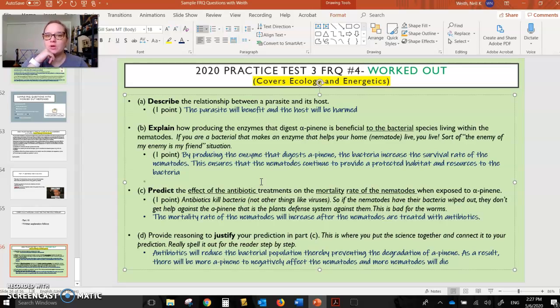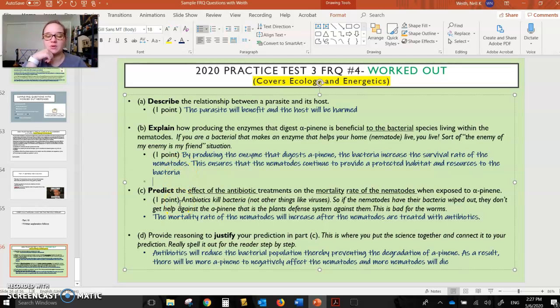If you are helping the nematode combat the tree, the nematode and bacteria are friends. So if the enzyme is helping those nematodes survive, that's the home for those bacteria, and they'll continue to live. They'll get food from those worms. And so by producing the enzyme that digests alpha-pinene, the bacteria increase the survival rate of nematodes.